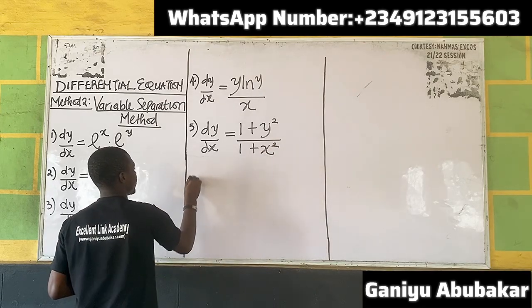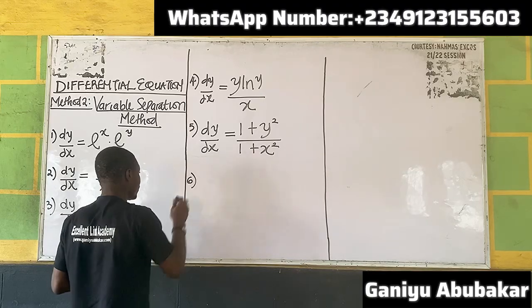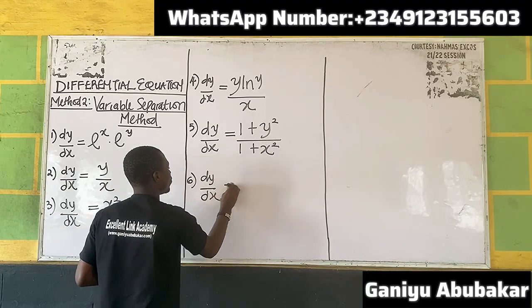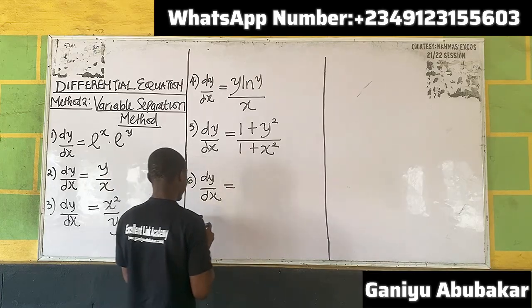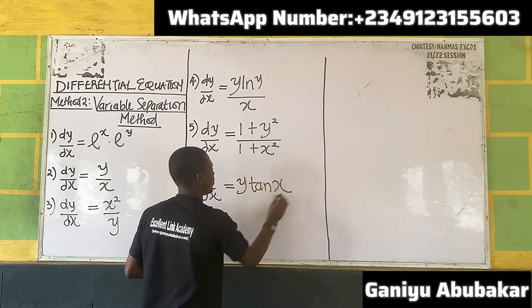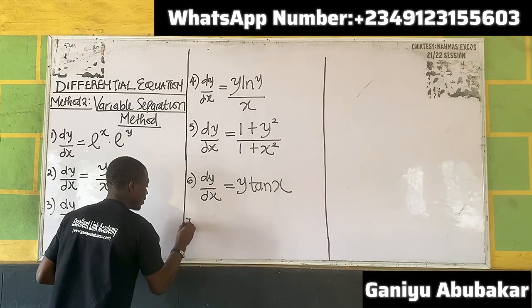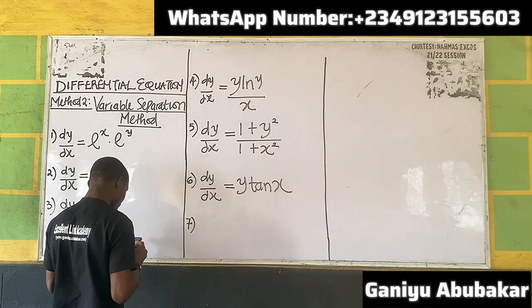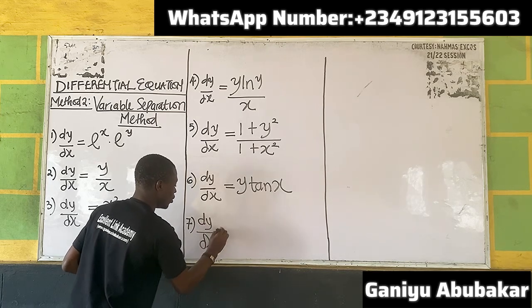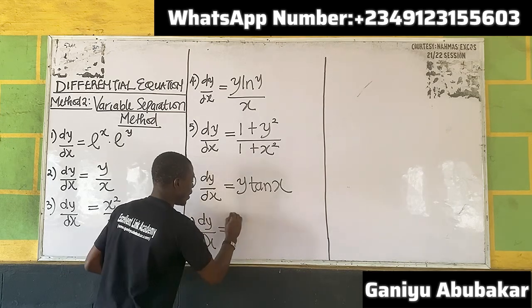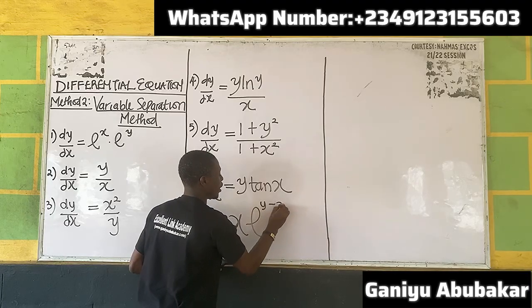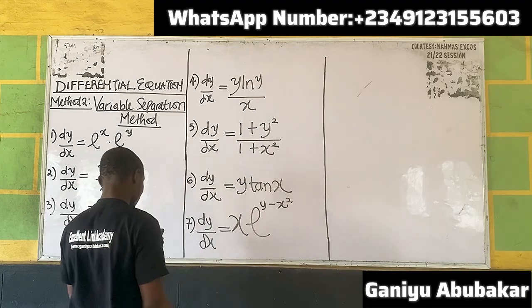Number six, dy dx is equal to y tan x. Number seven, we have dy dx is equal to x exponential y minus x squared.